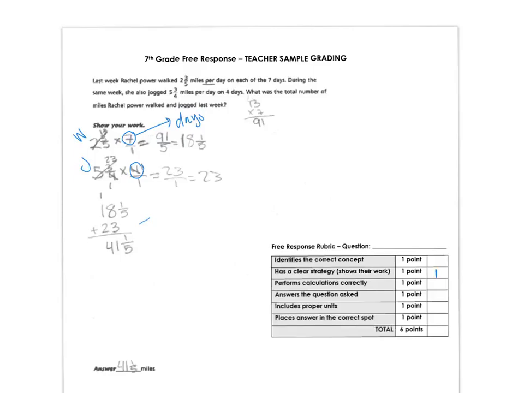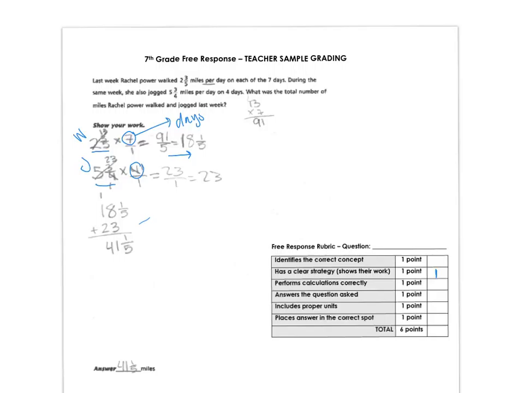If I'm looking at their calculations, I see that they've taken 2 3/5 and made that an improper fraction here, 13/5. Same thing here. They took 5 3/4 and made it 23/4. So those calculations are correct. They multiplied these two improper fractions by the number of days and got 91/5, which they then converted to 18 1/5.